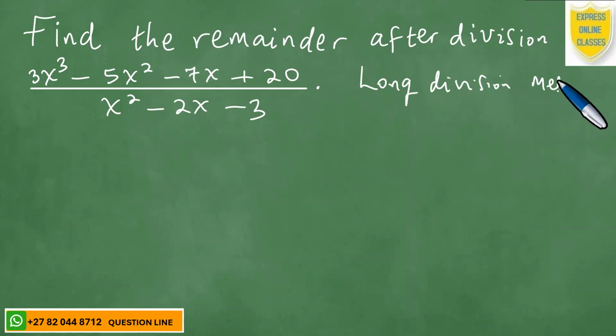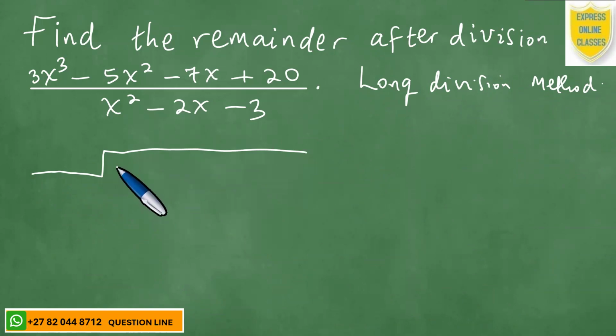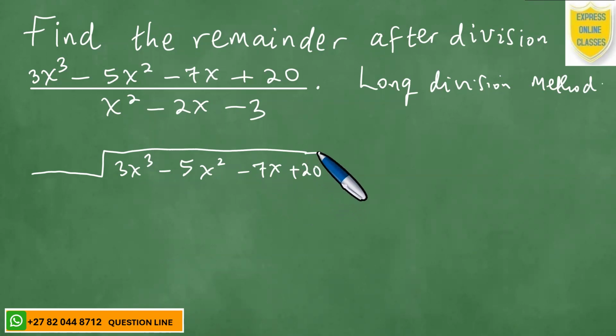Long division method. How do we use the long division method? We just draw a simple radical. And we have the 3x cubed minus 5x squared minus 7x plus 20, all divided by x squared minus 2x minus 3.